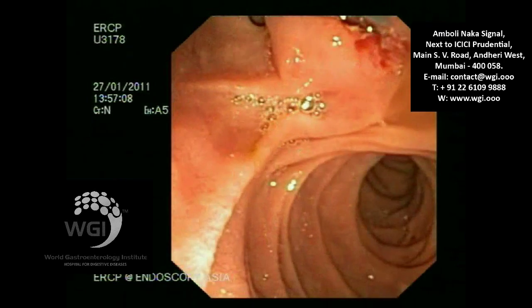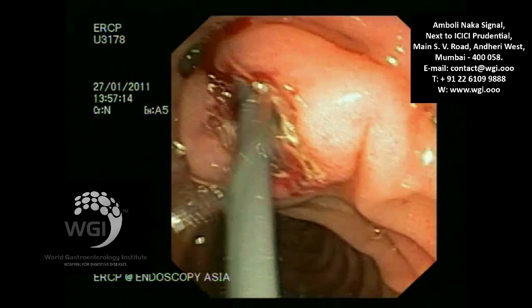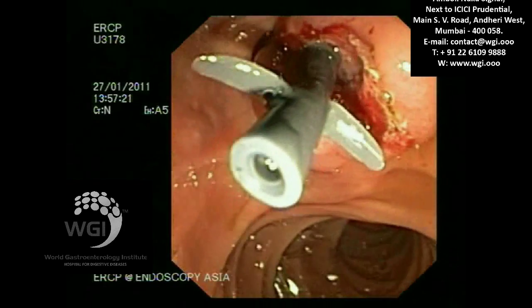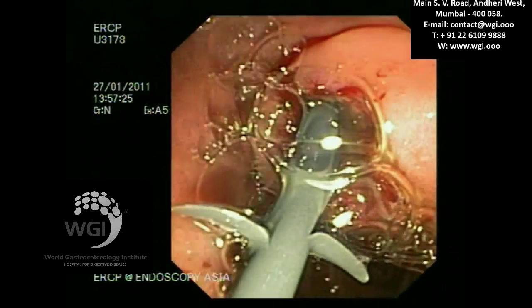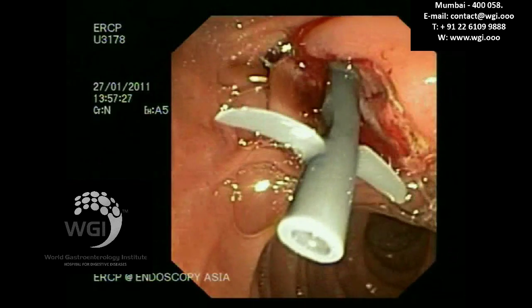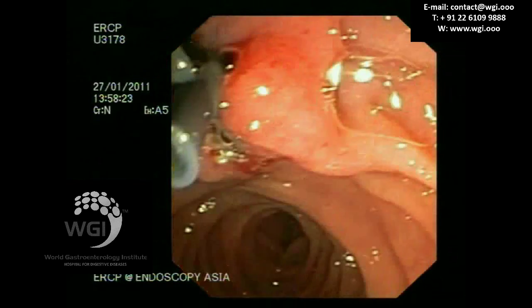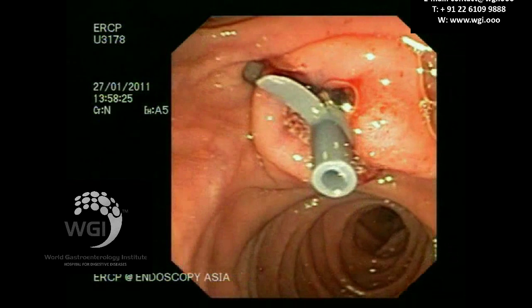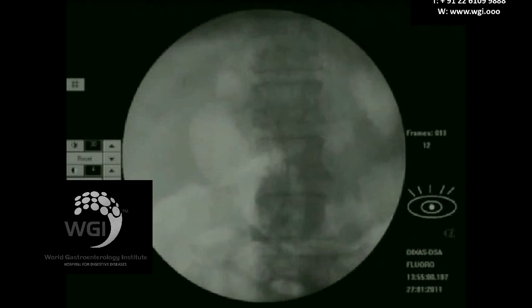So again, the role of EUS as well as ERC in biliary pancreatitis cannot be undermined. It's our practice that every patient with suspected biliary pancreatitis without definite evidence of stone should undergo an EUS followed by ERC if required, only if you feel that ductal decompression is required.